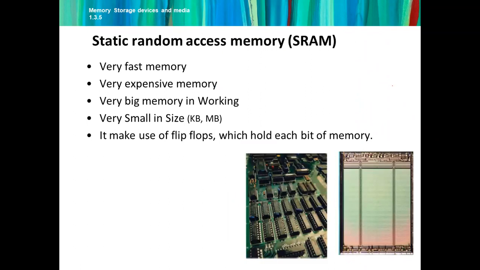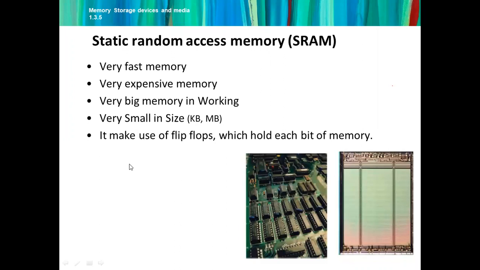Okay, we are going to talk now about the static RAM. Static RAM is somewhat different from the dynamic RAM. It is a very fast memory, a very expensive one. Point number 3 is very big in working, but very small in size because it's available in KBs and MBs right now.